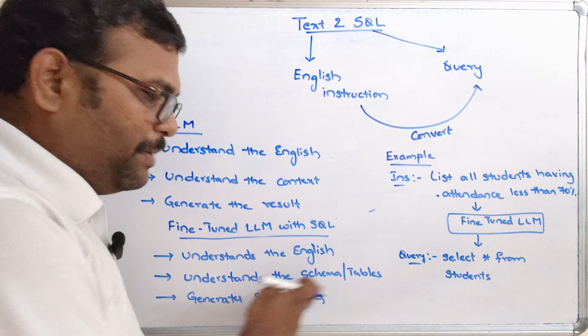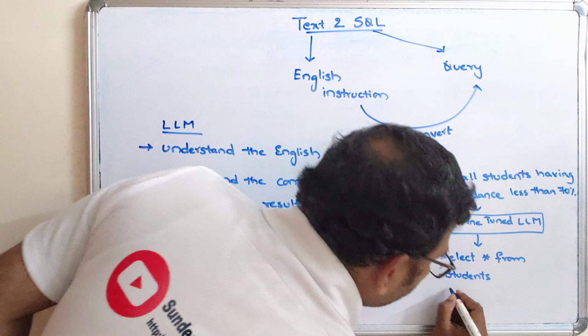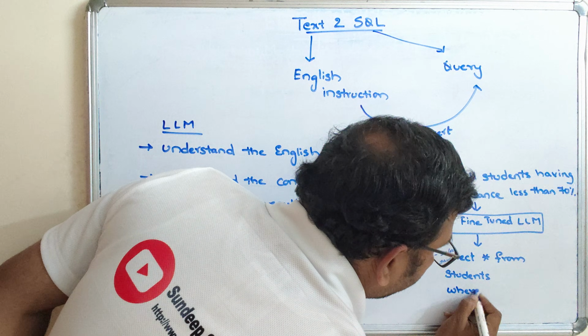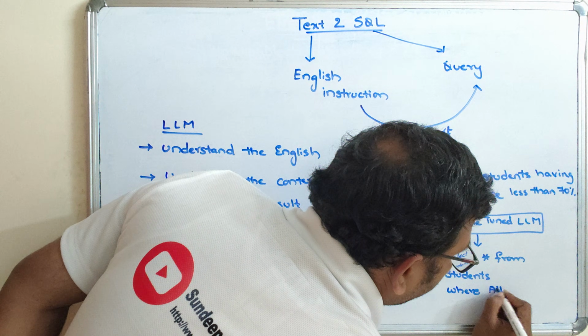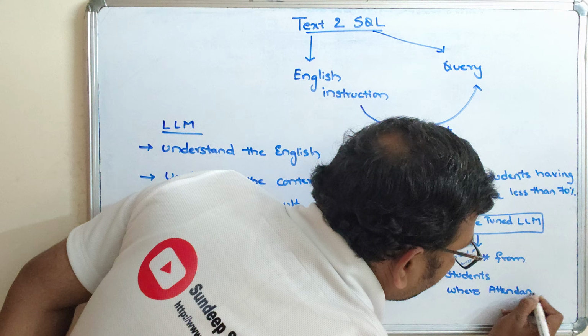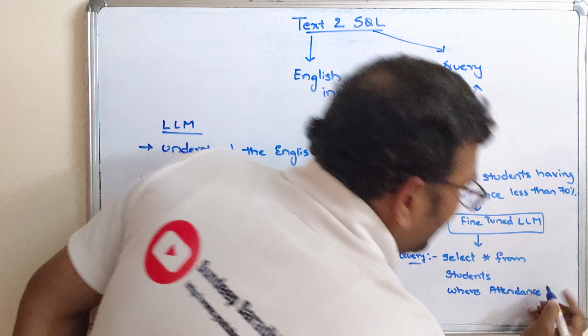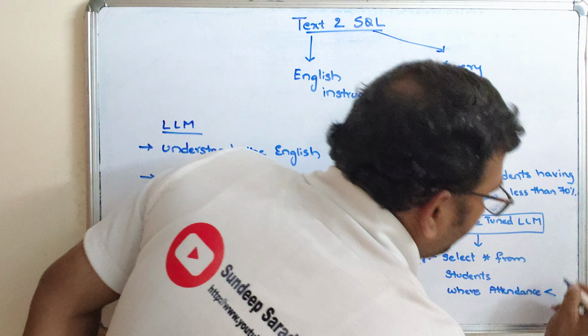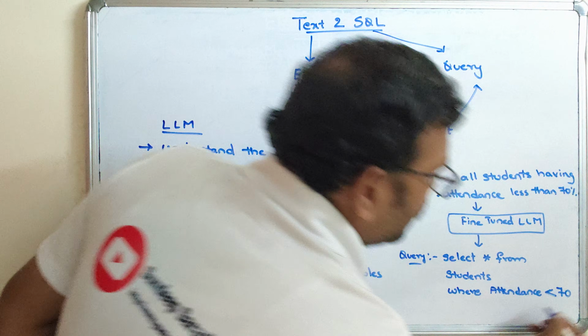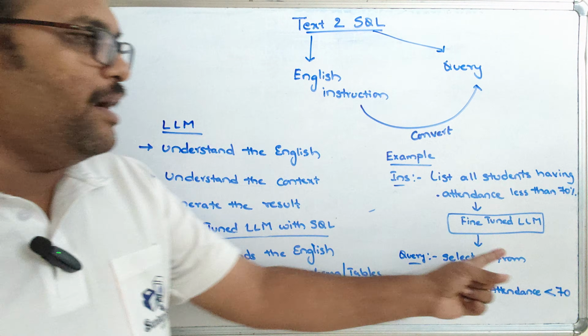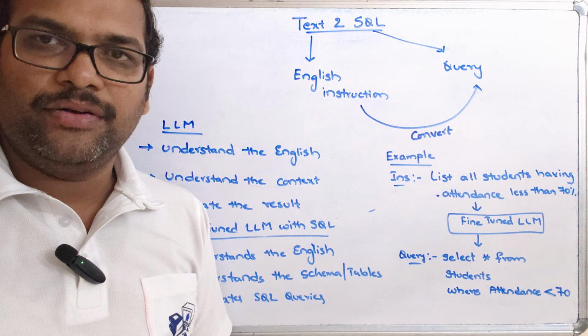So everything will be understood by the LLM, right? Students where attendance less than 70. So this kind of query will be generated from this particular instruction.